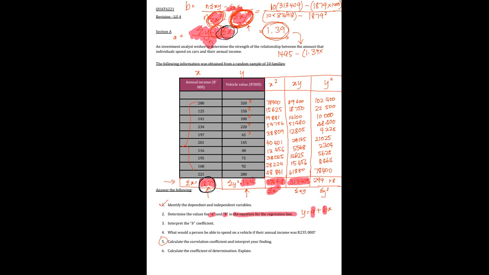And then you have N in your denominator. N is 10 because this said that you sampled 10 families. So it's 1495 minus 1.39 times 1879, and that's over 10. So as your value of A here, it's going to be minus 111.68.